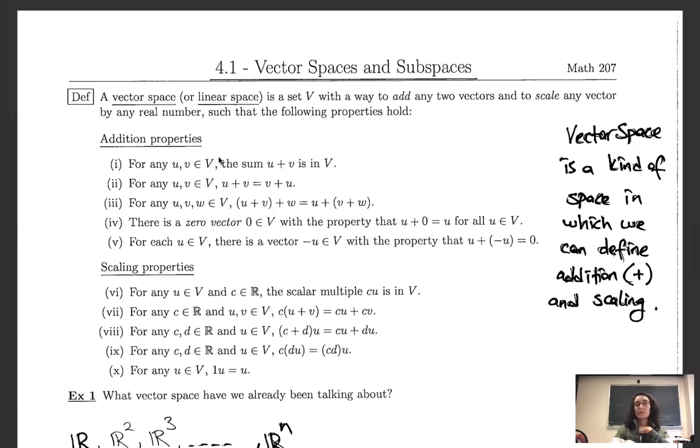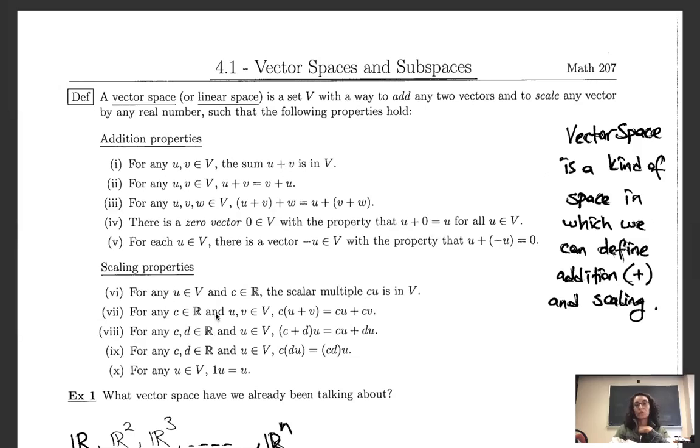So your set V should satisfy these addition properties, but besides, it has to satisfy these scaling properties. For example, if you take any vector u from your set, and you multiply your vector with a scalar c, where c is any constant in R, then this new vector should be in your set.